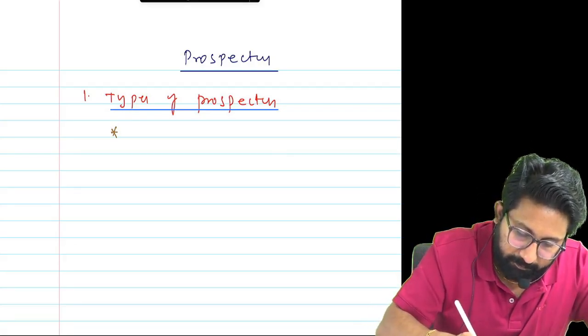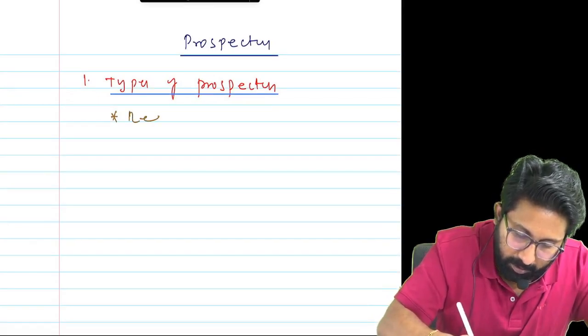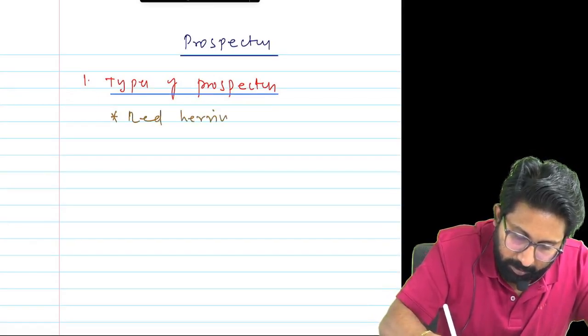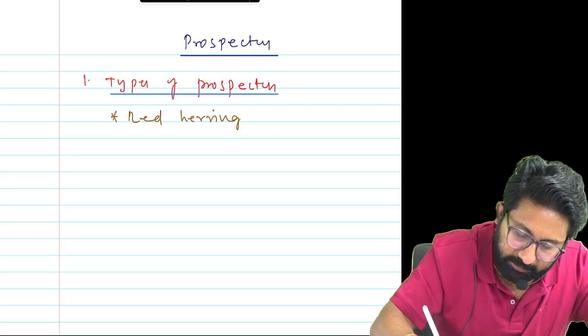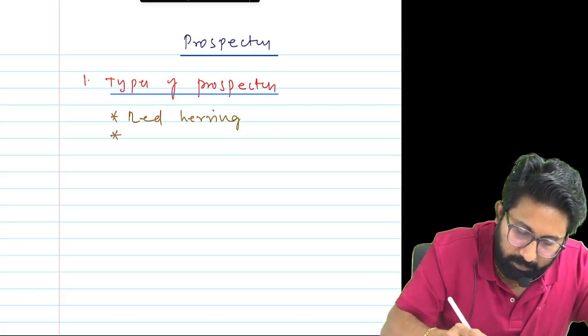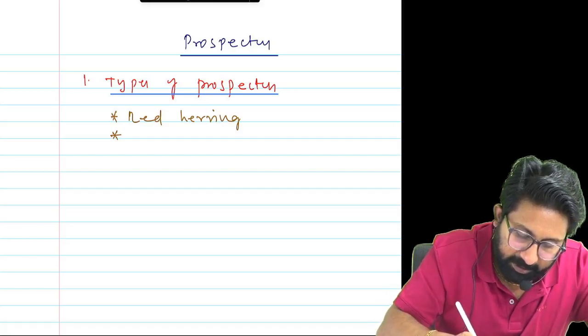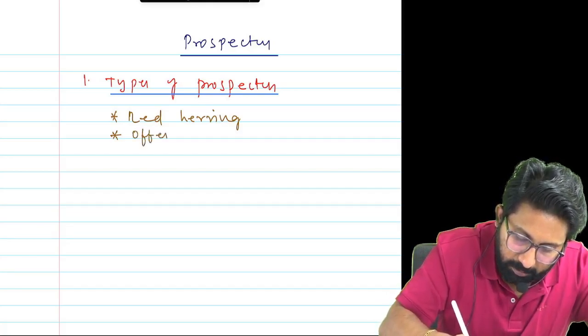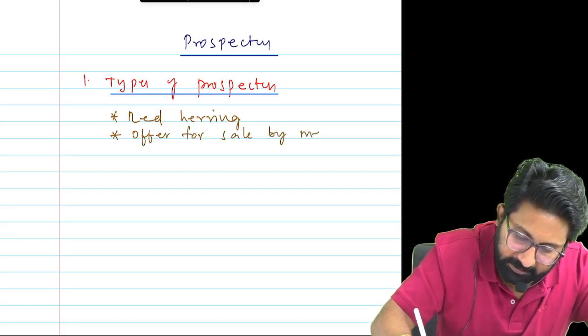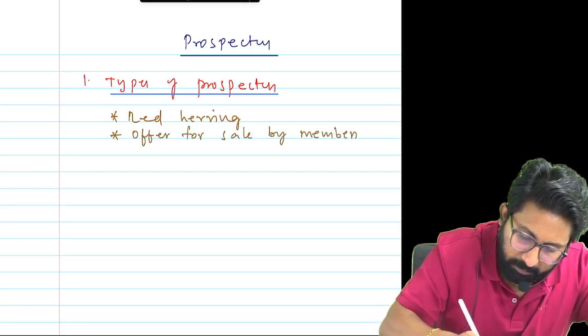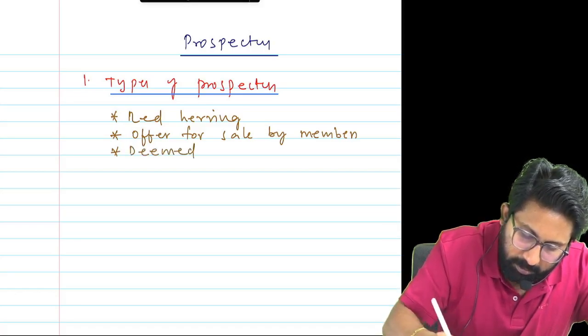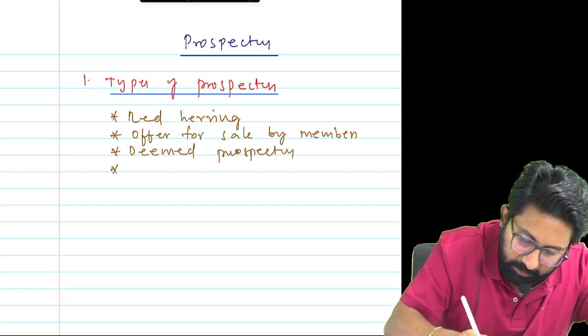First one, red herring prospectus. Offer for sale by members. Deemed prospectus.